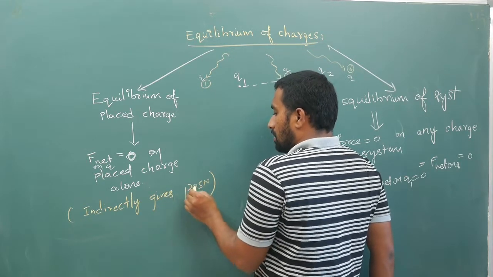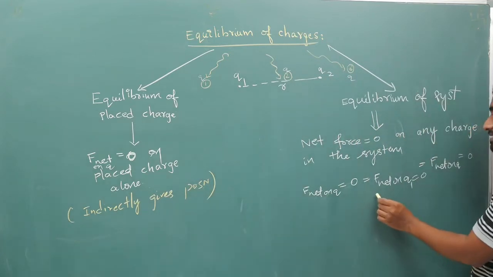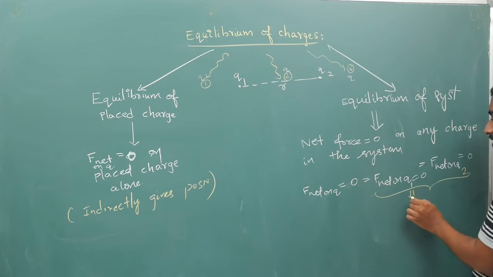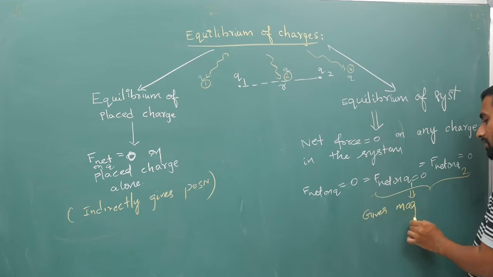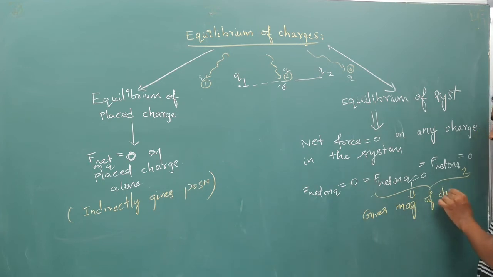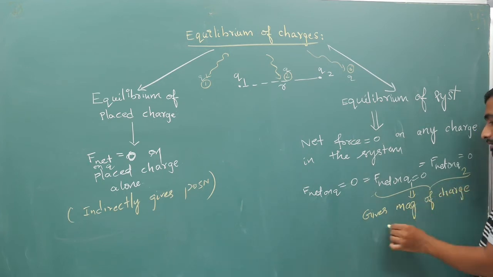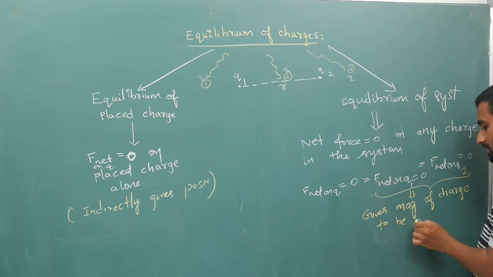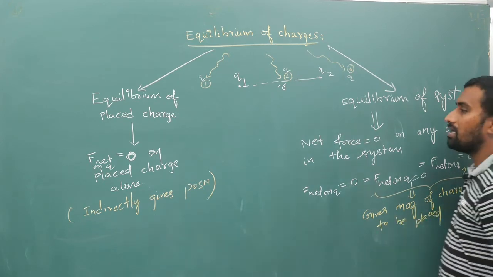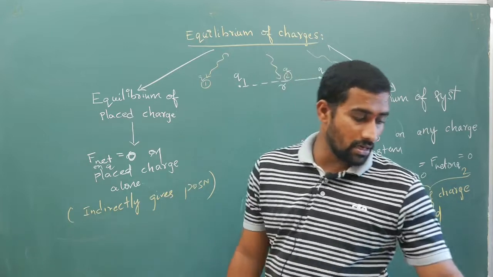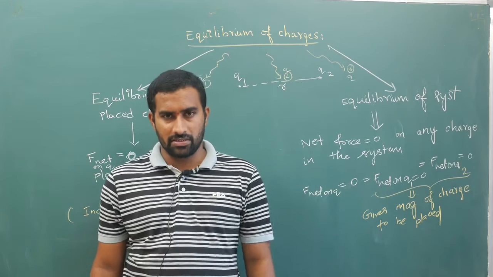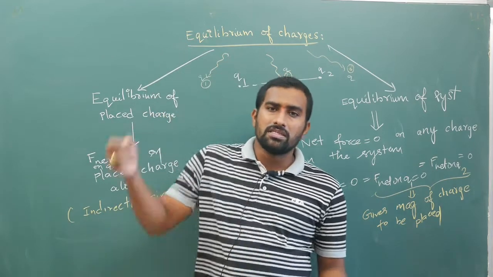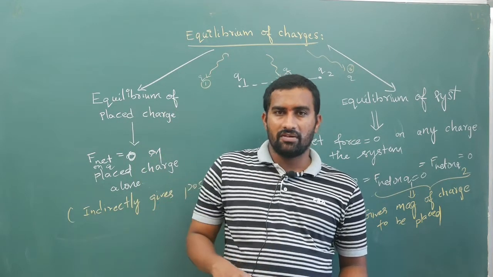And doing it on any of the charges, on Q1 and Q2, if you are making net force 0, it gives the magnitude of charge to be placed. How it comes, I will tell you in a while. But remember, in equilibrium of charges you will have two kinds of questions. One is whatever charge that you are placing, on that charge net force is 0.